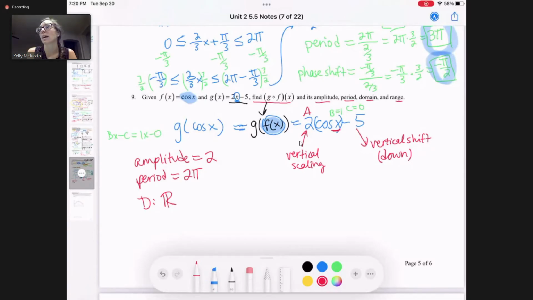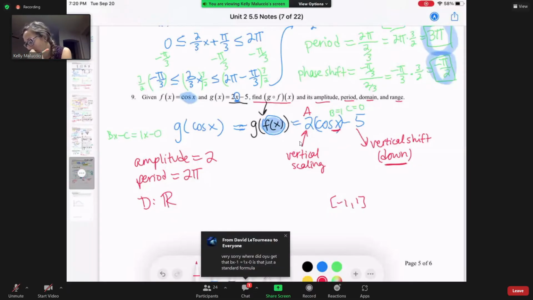And our range is going to be shifting. So taking our cosine, where the range of cosine is normally -1 to 1, and then we're shifting everything down 5.